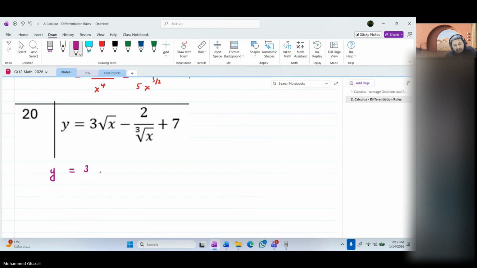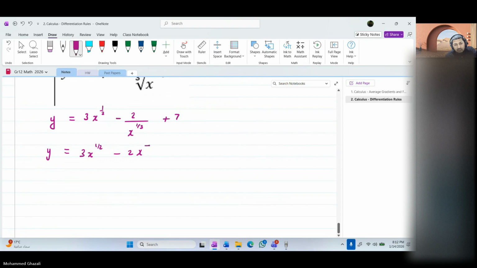Would it be 3 and then you take x to the power half, minus 2 over x to the power 1 over 3, plus 7? Correct. Right, write it in power form. So 3x to the power half minus 2x to the minus 1 over 3 plus 7. Find the derivative of this.